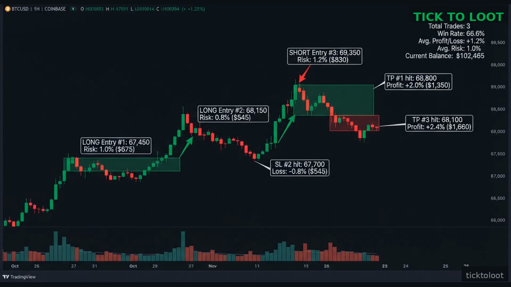In this example, the position sizing algorithm is helping the trader to allocate their capital more efficiently and make more informed trading decisions. The algorithm is also helping the trader to manage their risk and potential reward, allowing them to stay within their risk tolerance and avoid significant losses. This is just one example of how position sizing algorithms can be used in real-world trading scenarios.